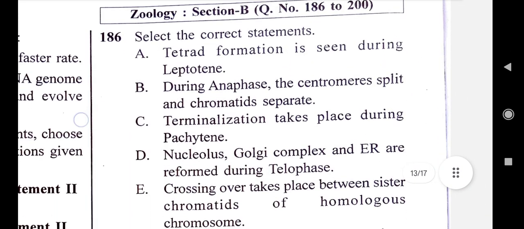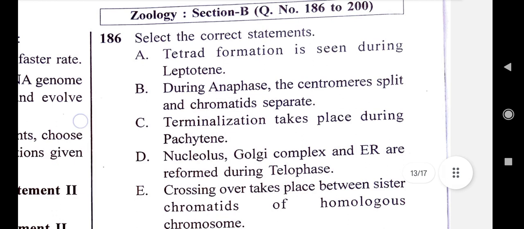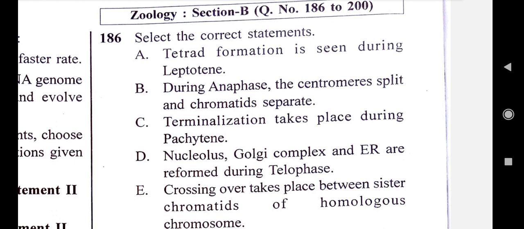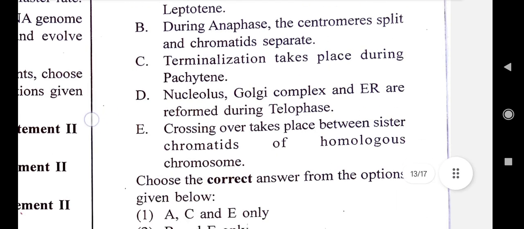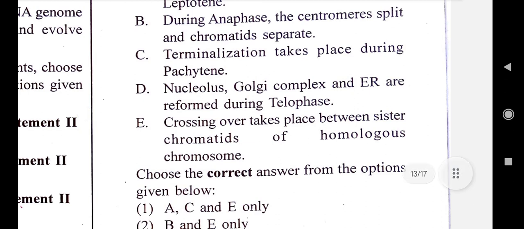Let's see question number 186. Select the correct statement. A, tetrad formation is seen during leptotene. B, during anaphase, the centromere is split and chromatids separate. C, termination takes place during prophase. D, nucleus, Golgi complex and ER are reformed during telophase.